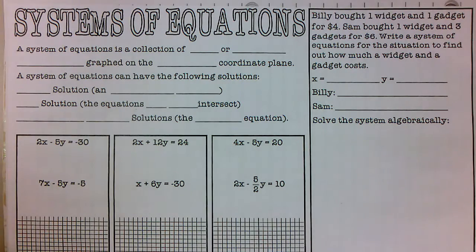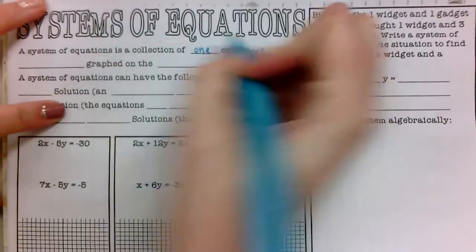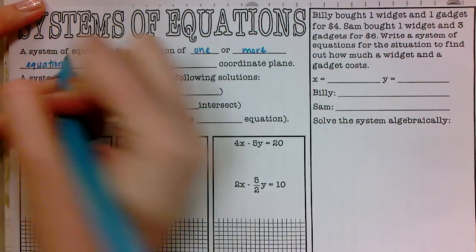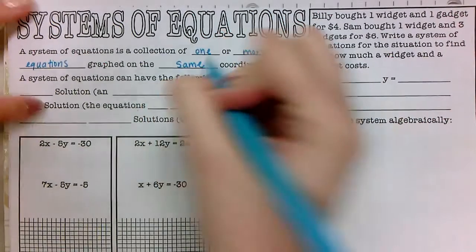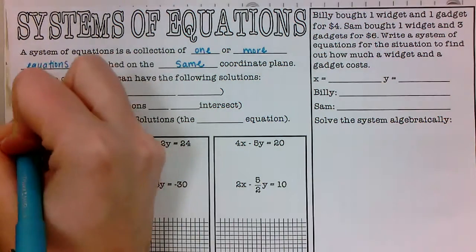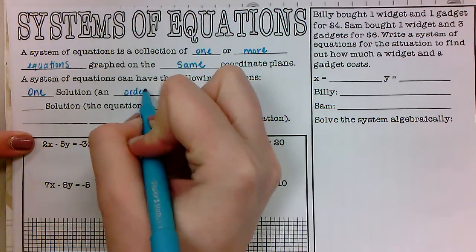So a system of equations is a collection of one or more equations graphed on the same coordinate plane. A system of equations can have the following solutions. It can have one solution, which is an ordered pair.